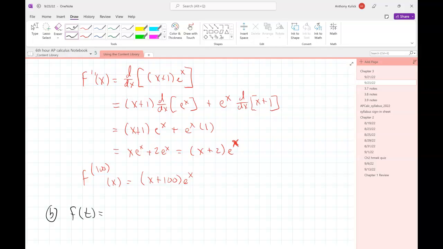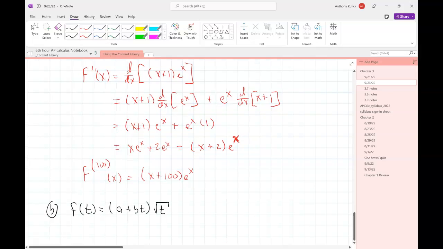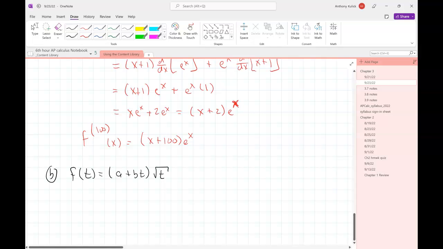Let's say that we have this function. We have the quantity a plus bt all times the square root of t. How do you want to do this? Anybody got any suggestions?